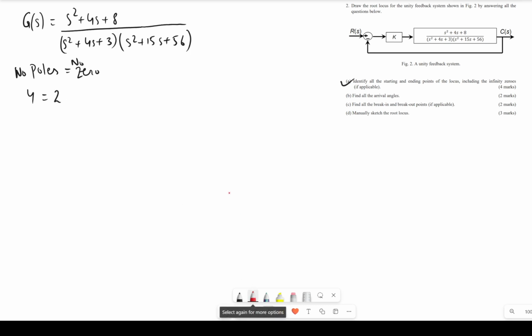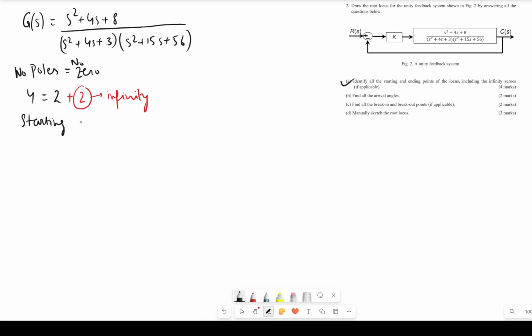Because we have 2 zeros, to make the counts equal we'll have 2 extra zeros, and these zeros will be at infinity. So 2 zeros at infinity, and the other 2 zeros from the numerator, and 4 poles we will get from the denominator. So let's first solve for the starting points.